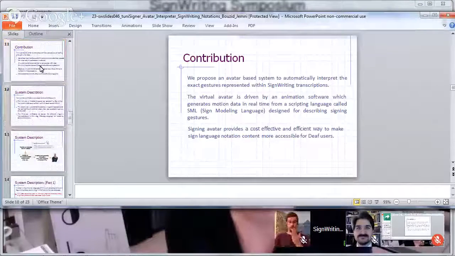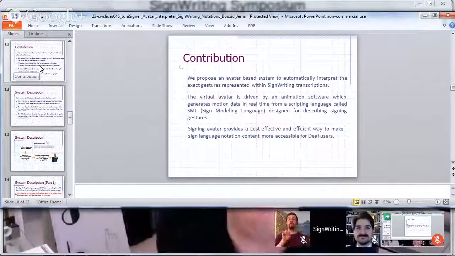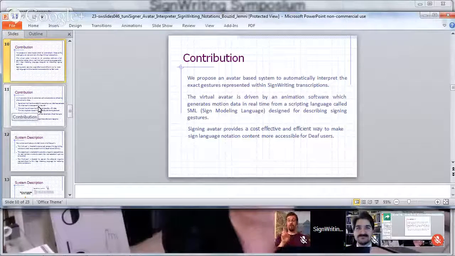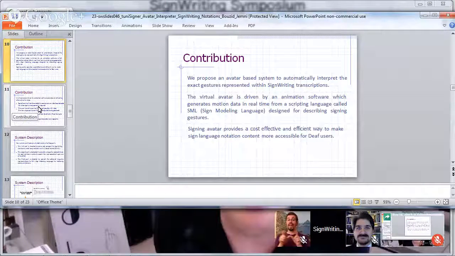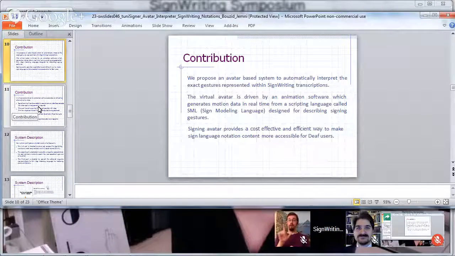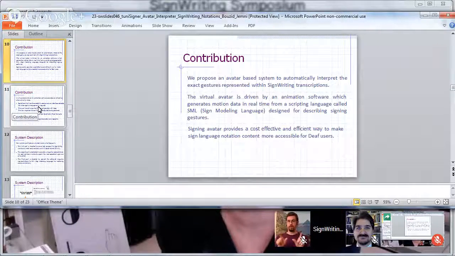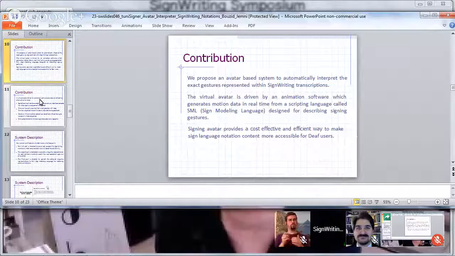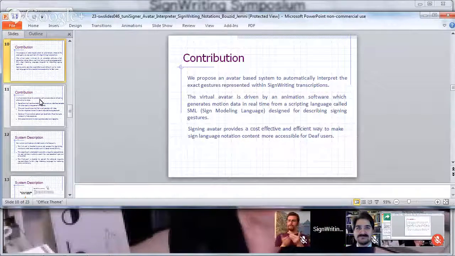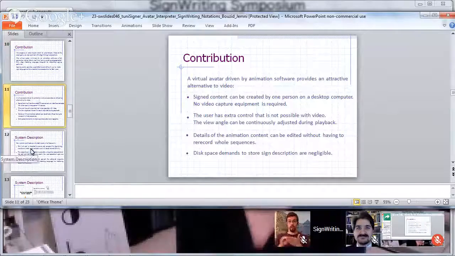The virtual avatar is driven by animation software which generates motion data in real time from a scripting language called SWML, which means Sign Modeling Language, designed for describing signing gestures. Signing Avatar provides a cost-effective and efficient way to make sign language notation content more accessible to deaf users.